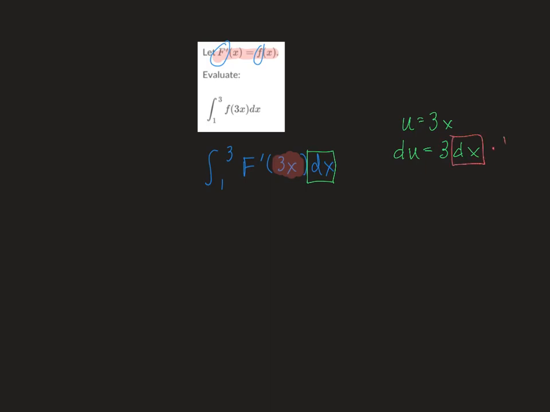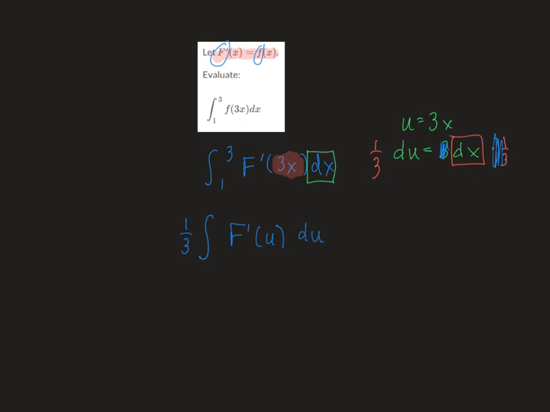So what that tells me is I need to multiply both sides by 1/3. So now this is going to say the integral f prime of u, and then the dx replacement is 1/3 du, so I have 1/3 du.